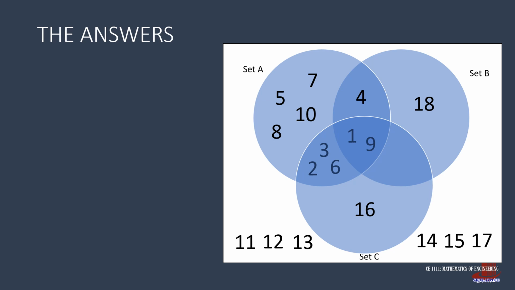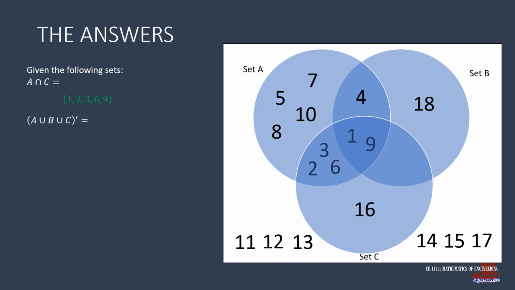Now that all elements are placed in their respective locations, we can start identifying the elements in the operations. First is to identify the elements in the intersection of sets A and C. So from the Venn diagram, that would be their overlap, showing elements 1, 2, 3, 6, and 9.